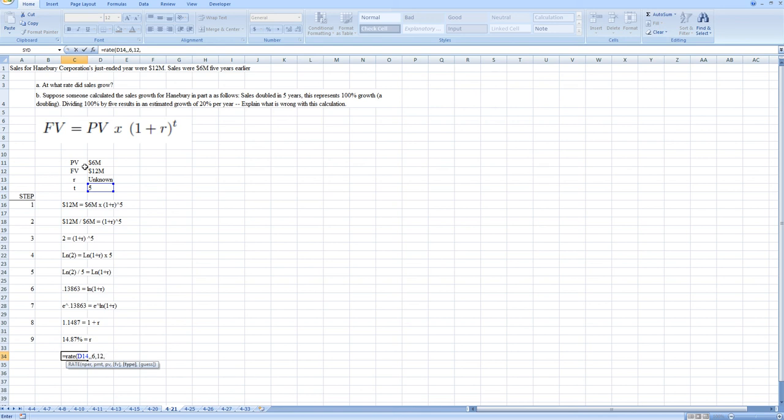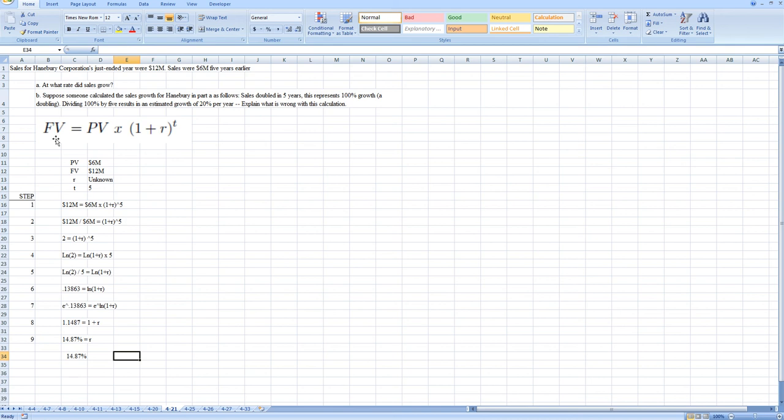Sorry, it's 12. And it's at the end of the period, and so we're done. We do need to make that a negative. There we go. And all we really need to do now is increase the decimal places to match up. So yes, our solution of R is equal to 14.87% is correct.